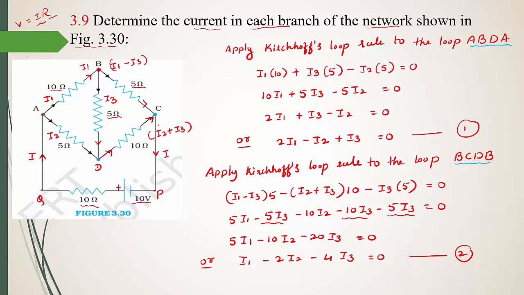A to D, D to C. Then C to P, observe. C to P, P to Q, Q to A. C to P. Here the amount of current flowing is how much? I amount of current is flowing through the resistor 10 ohm. Observe this part here. Total amount of current is how much? I amount of current is flowing through the resistor 10 ohm. Right?